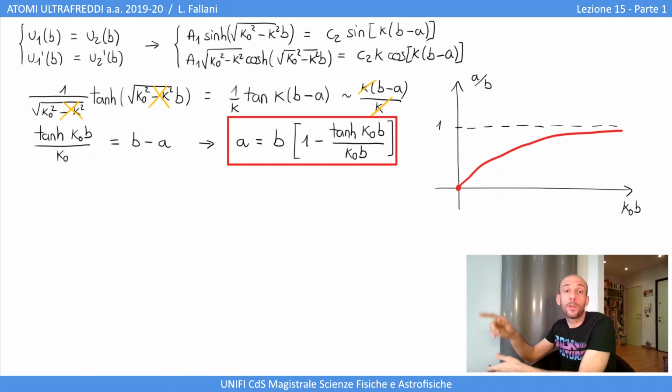So I plot both the scattering length and also the wave function, for different parameters, and so we will see directly this phase shift that appears when you have a non-zero scattering potential, and we have a very clear geometrical interpretation of the scattering length. So let me take the Mathematica file.